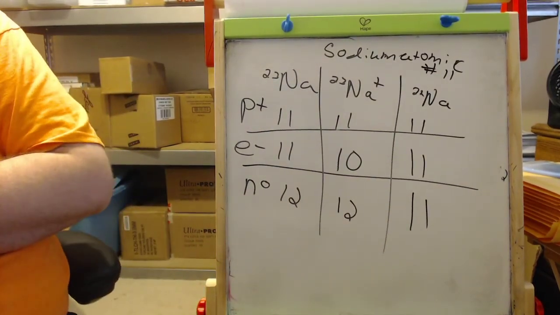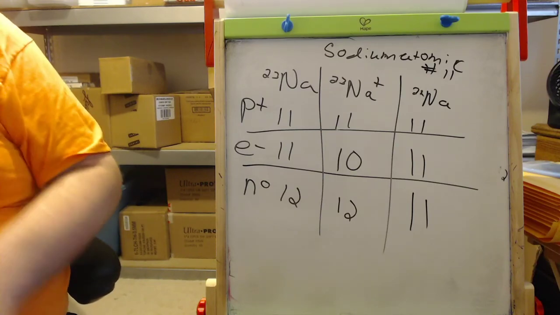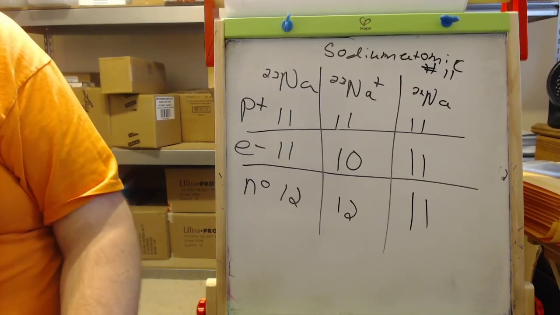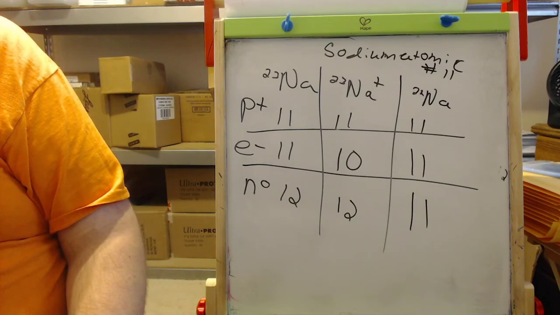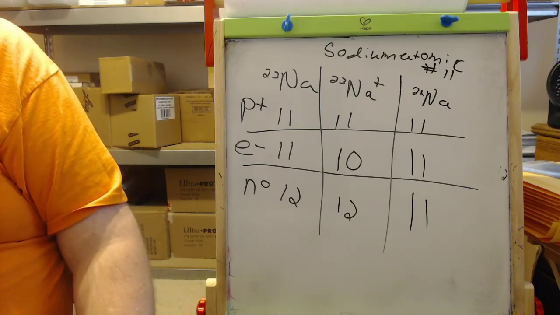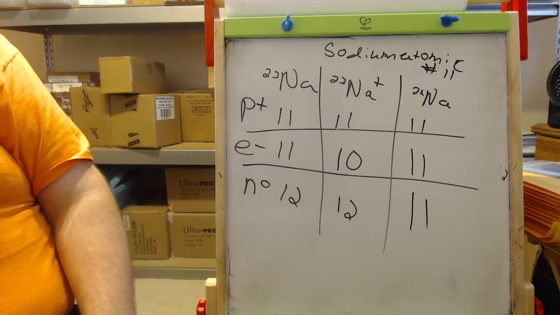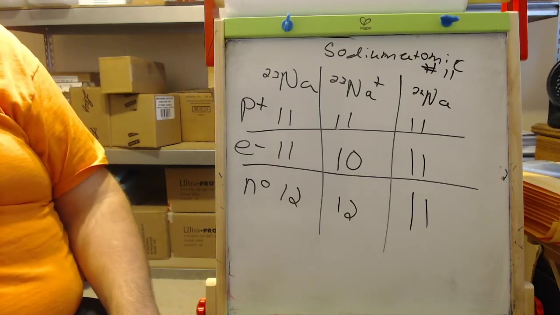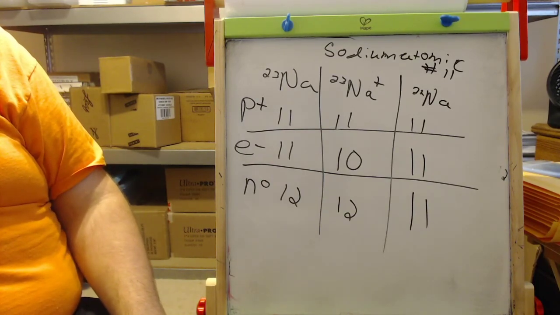All right, questions on how to find protons, electrons, and neutrons in an atom, or where I got the numbers from, or anything like that?